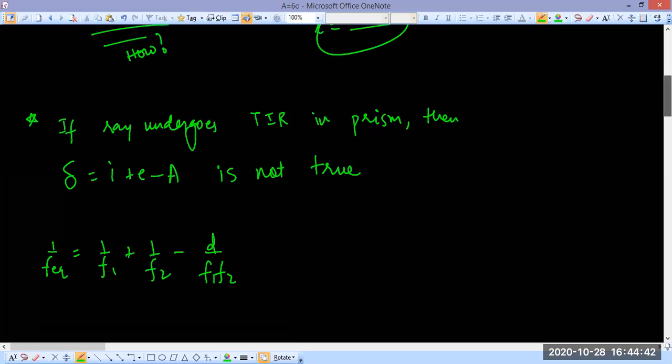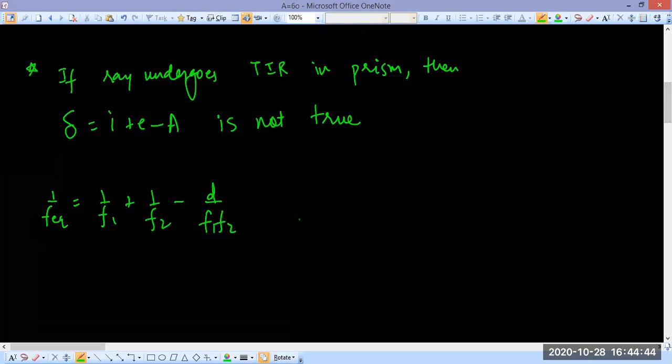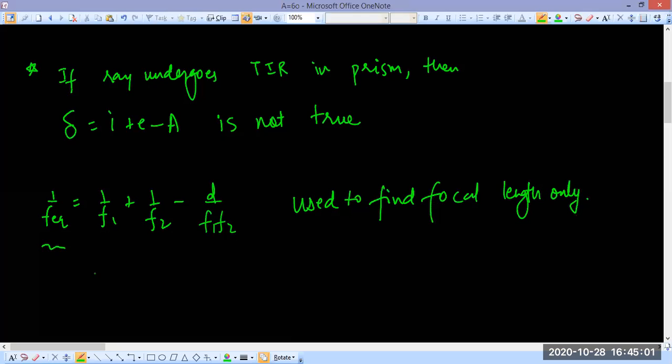I mean, it's not that useful. This formula can be used to find focal length only. That's it. You can't then use this focal length in this other formula.